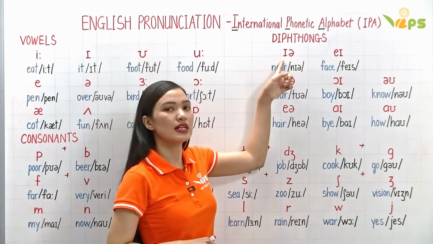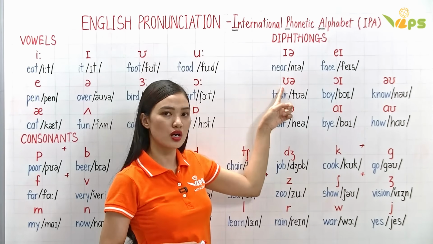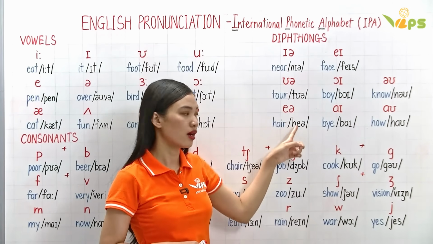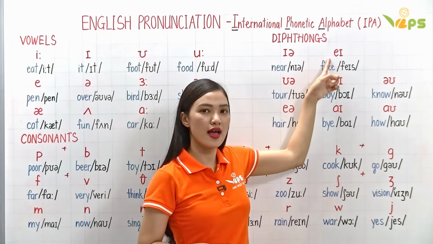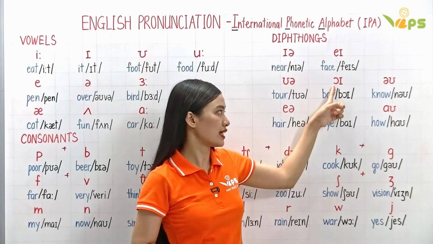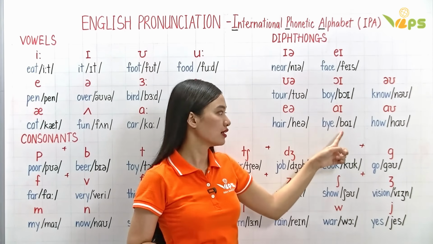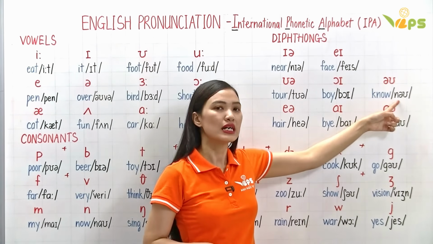Diphthongs: ear, near, tour, air, hair, face, boy, buy, no.